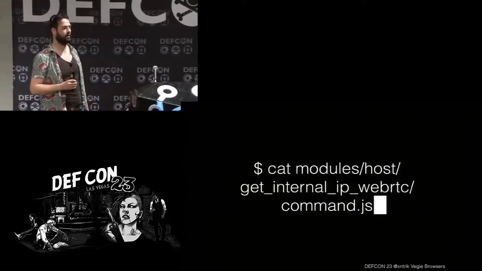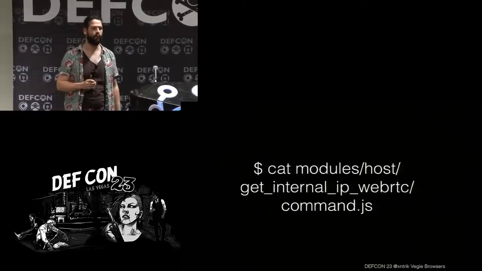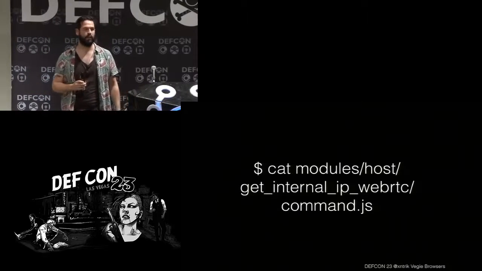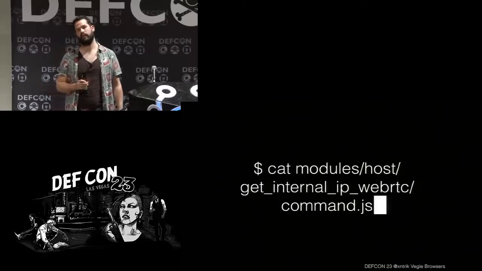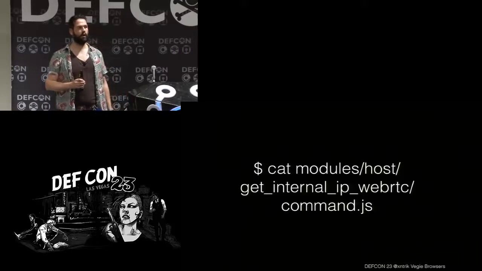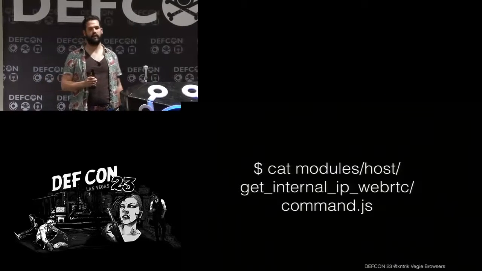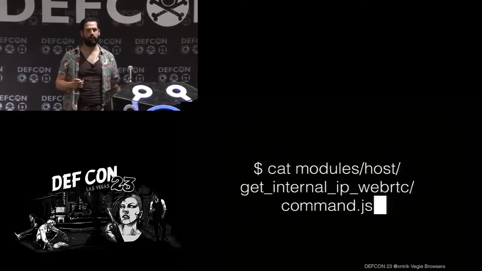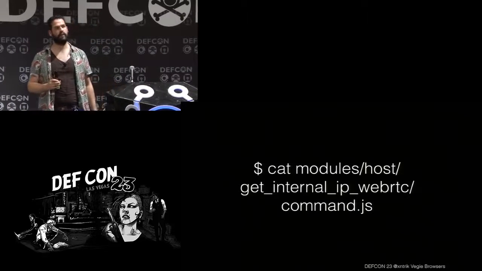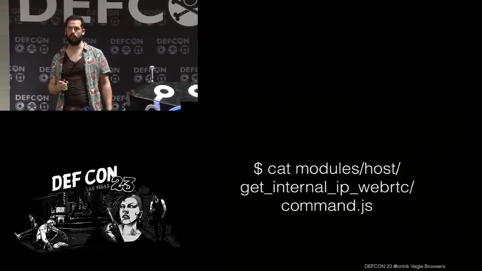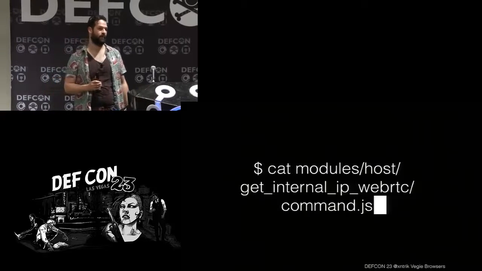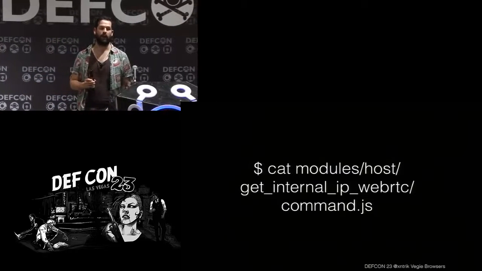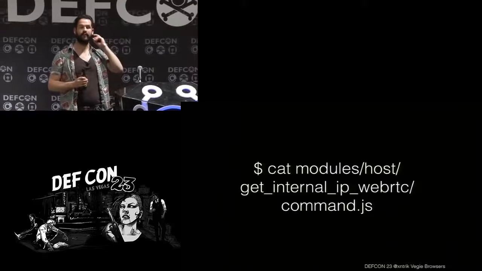When this first came out in Chrome many versions ago, the Get Internal IP WebRTC module was created because for WebRTC peer connections and the Session Description Protocol to work, the DOM has to be able to determine the local IP addresses of your computer. That's your IPv4 and your IPv6, plus also your internet IP addresses.